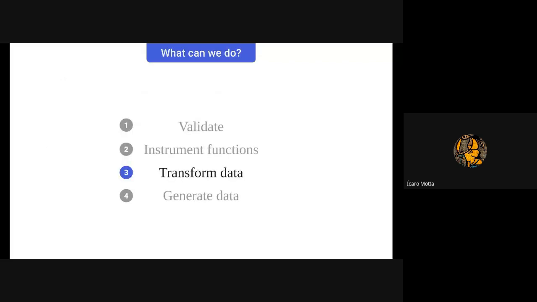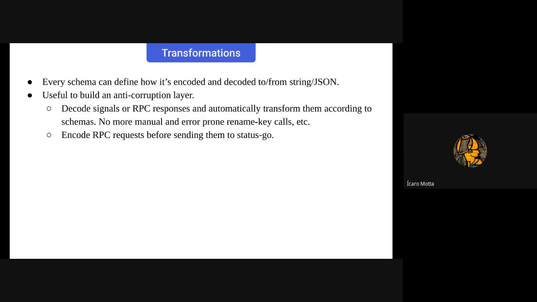Okay. The next thing that we can do is transform data. And we won't go into detail about transformations. As I said, in my previous job, this was the most important thing that we would do. So the idea is that every schema can define how it's encoded and decoded from strings or JSON, EDN.